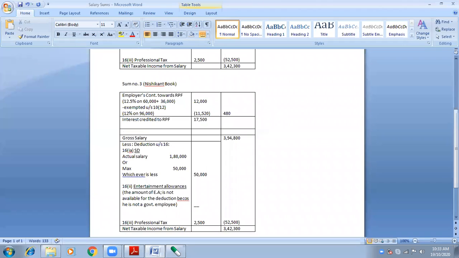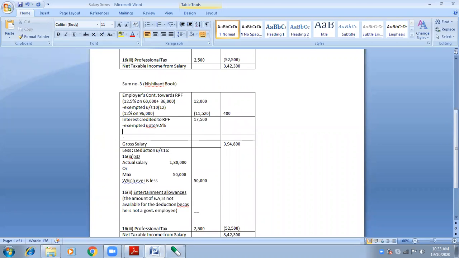So what is exempted? Let's see what is exempted. Exempted is up to 9.5%. So now I'm making a bracket.